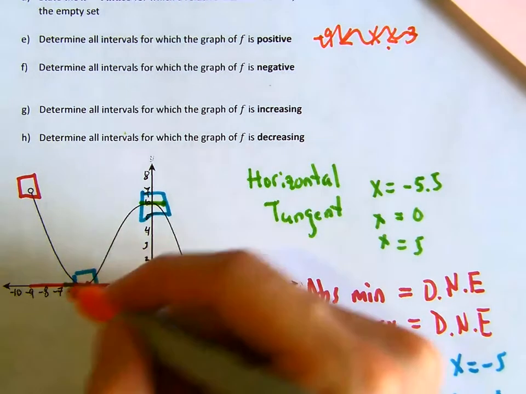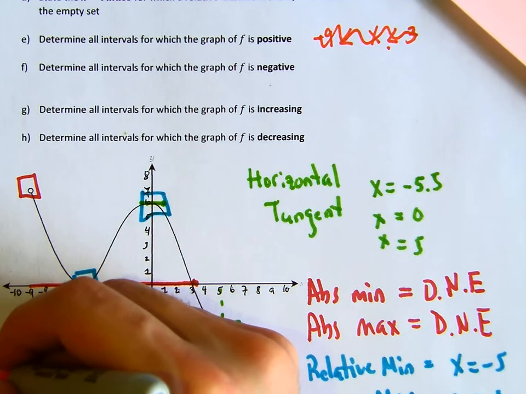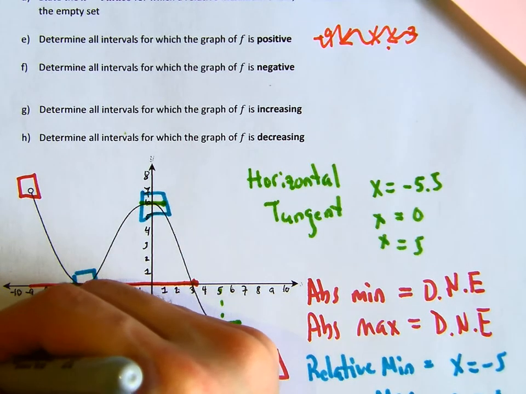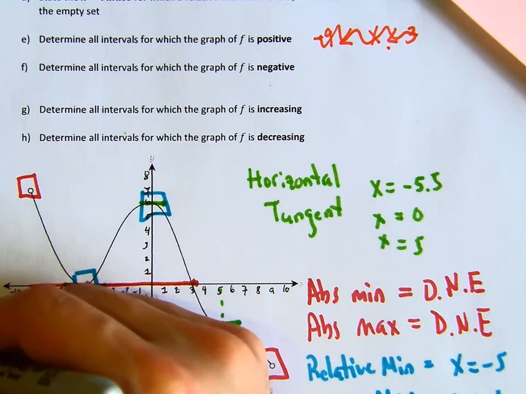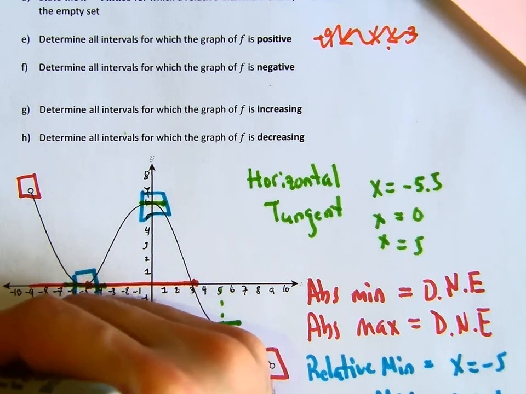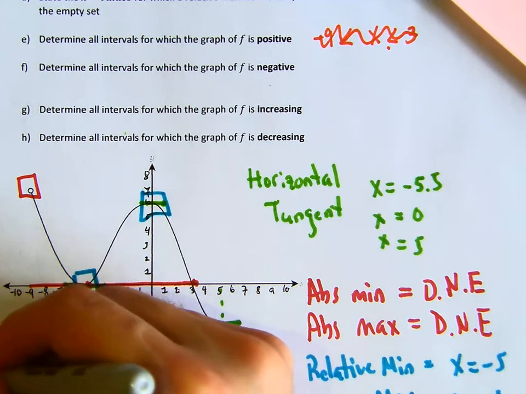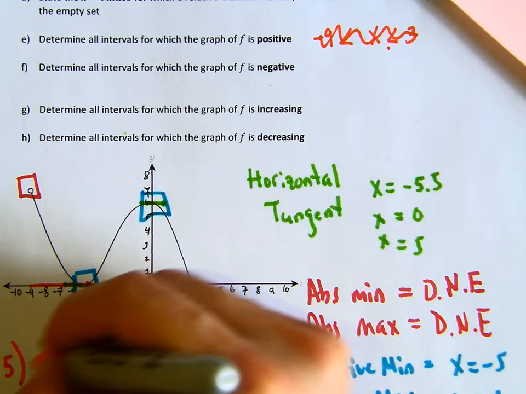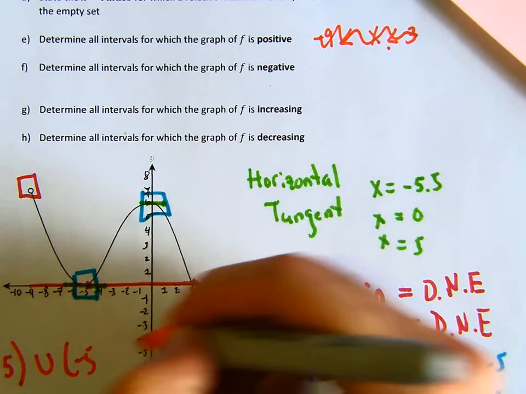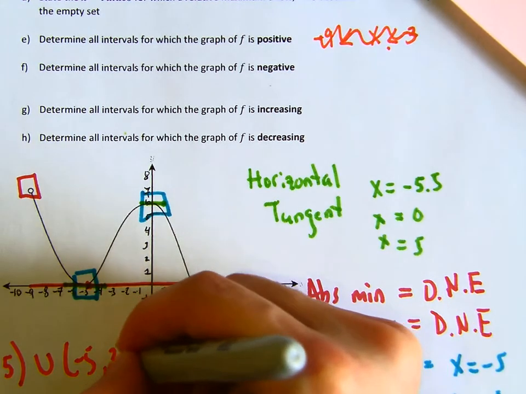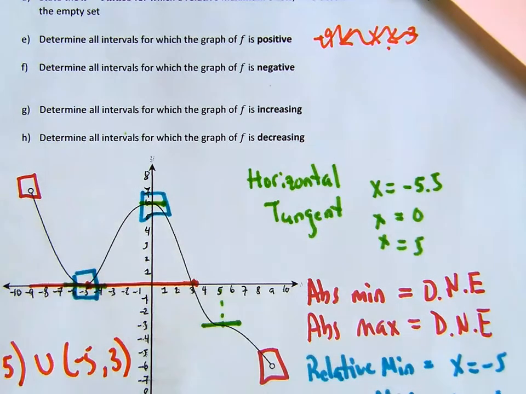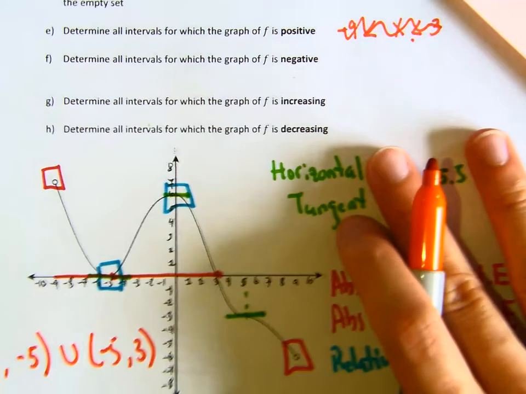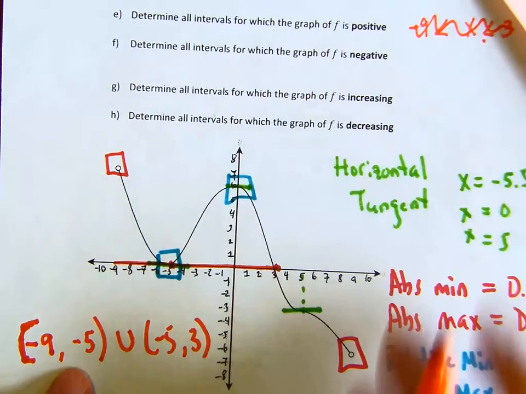So how would we do that? Oh yeah, we got to do it like this. -9, including -9, to -5, union -5 to 3, closed like that. Okay? And this is for when the graph is positive.